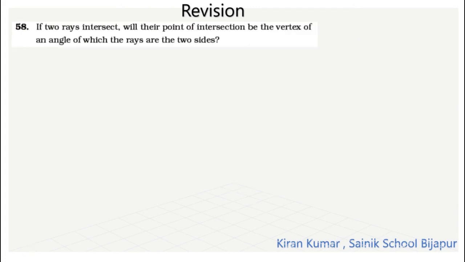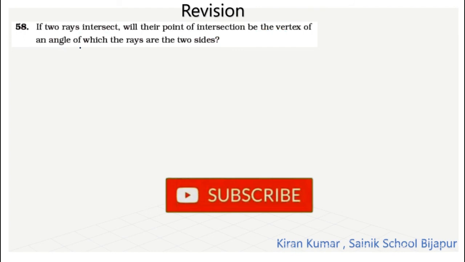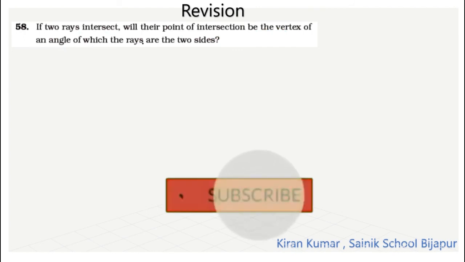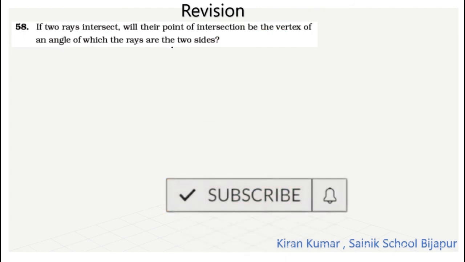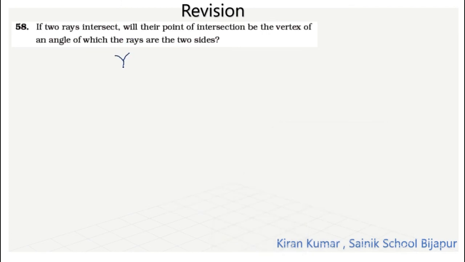Question number 58. If two rays intersect, will their point of intersection be the vertex of an angle of which the rays are the two sides? Yes. If two rays intersect, means this is one ray, say this is another ray, they are intersected at some particular point.